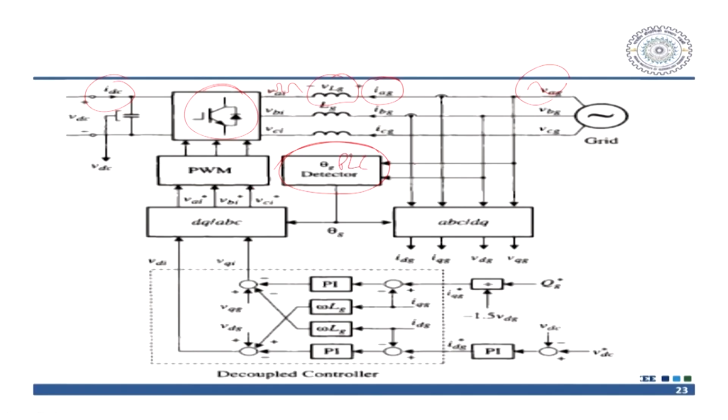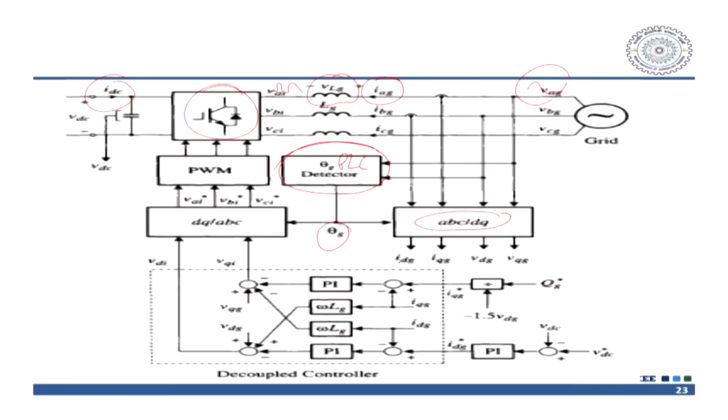From these 3 voltages you can detect, and from there you get theta g, because rho will be equal to theta g when you have a balanced system. You will convert these voltages and currents, because you can see that you have taken 2 voltages and 2 currents, because it is a 3 phase 3 wire system, and you know that VA plus VB plus VC equals 0.